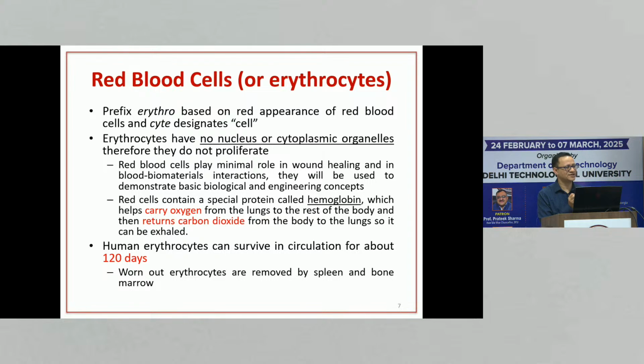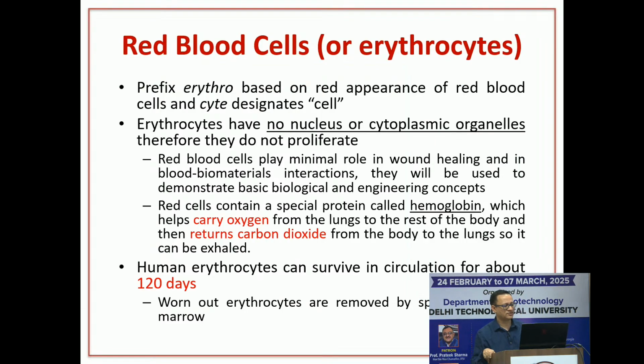Erythrocytes have no nucleus, so they cannot proliferate. Red blood cells play a minimum role in wound healing and in blood material interactions, because in that activation and clotting that's happening, red blood cells are not playing that much role. That's platelets' job. They will be used to demonstrate basic biological engineering concepts.